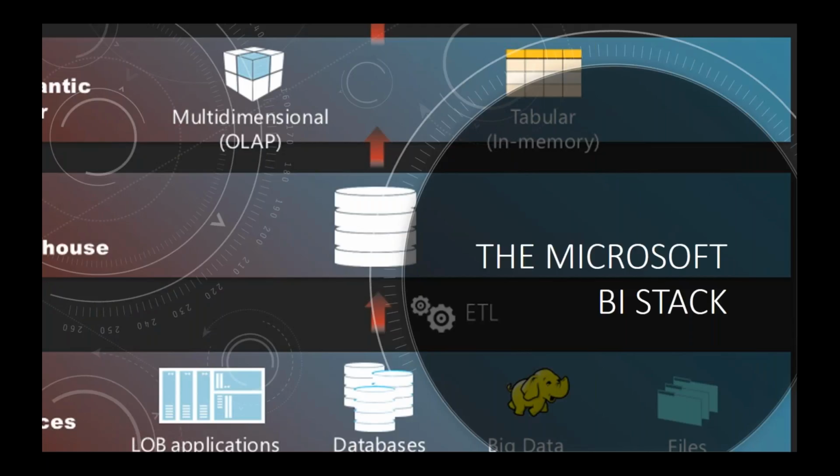All right, so let's start talking a little bit about Microsoft's BI stack. I'm going to throw out a bunch of keywords here. I'm going to talk about where things sit, and then we're going to break down some of these individual components, okay? When we look at a BI stack from Microsoft, you can see right in the middle of the page is our database, and really, I consider that our data.